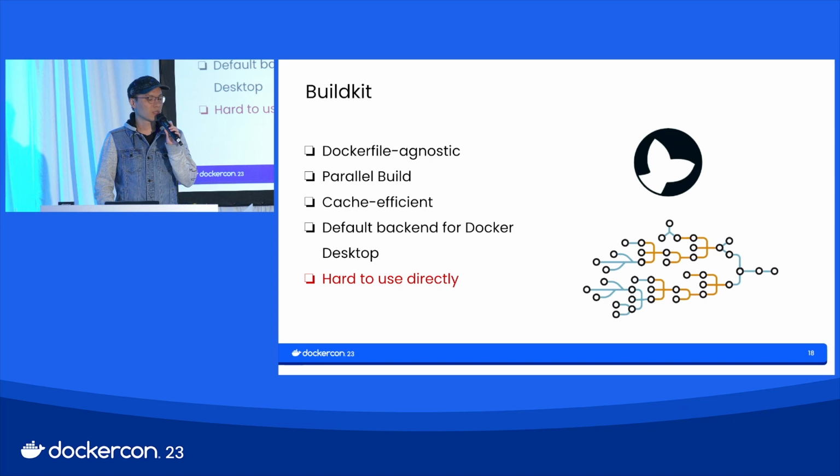And another fantastic feature from Buildkit is that it supports parallel build. In Dockerfile version 1, you can only do everything linearly. One step must happen after the other step finished. But with Buildkit, you can parallelize different steps, so it overlaps the network I/O.